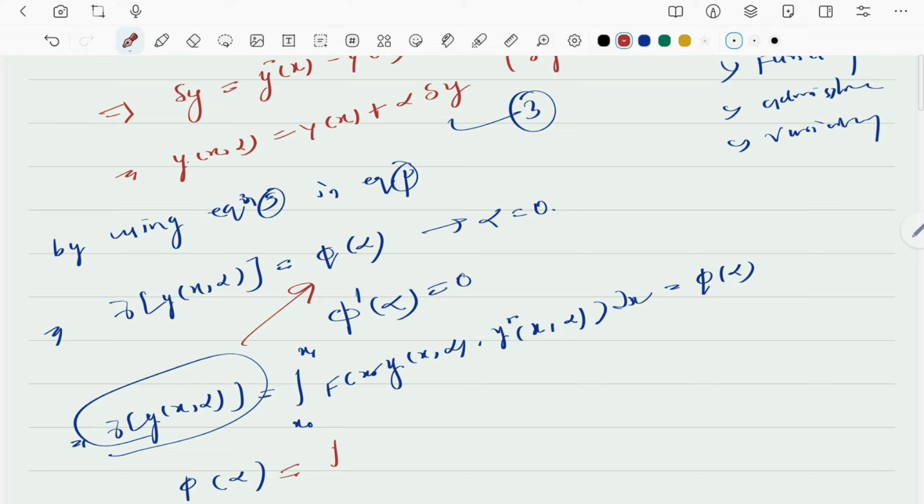Therefore pi of alpha is equal to the integral from x naught to x1 of f of x comma y of x comma alpha and y dash of x comma alpha into dx.